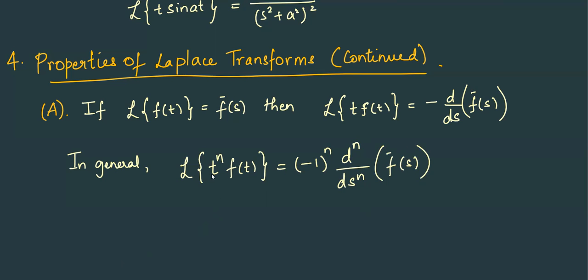So the more you multiply with t, so many times you have to differentiate the transform. The proof of this is very, very simple. It is not a difficult one.